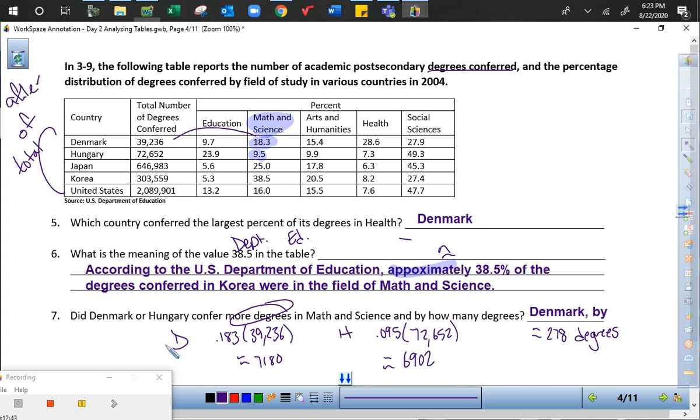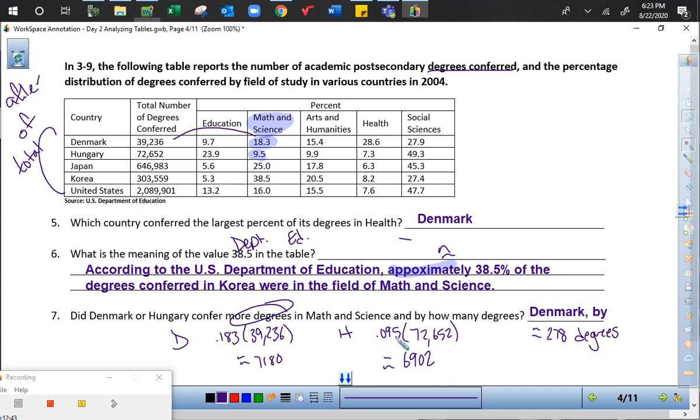Here I put a little d for Denmark, 0.183 times that total, and I rounded to a whole number. It really doesn't matter what you round to at this point, but we are talking about degrees conferred. So this is basically how many graduates you had in that field of study. You can't have a partial graduate, so I rounded to a whole number. You can wait until the end to round, that is also fine.